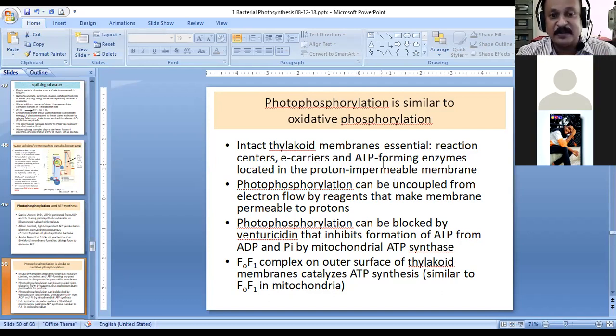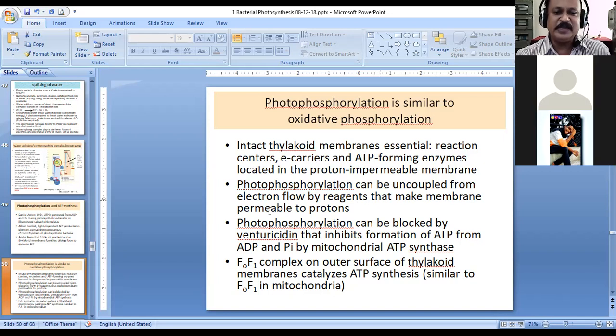Then there are reaction centers, there are electron carriers, there are ATP forming enzymes like ATP synthase. And all these components are located in the membrane. So for both respiration as well as photosynthesis, all the components involved are present in the membrane itself. It may be the mitochondrial membrane or it may be the thylakoid membrane.